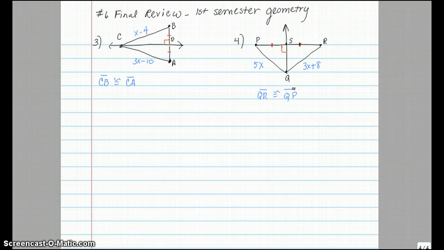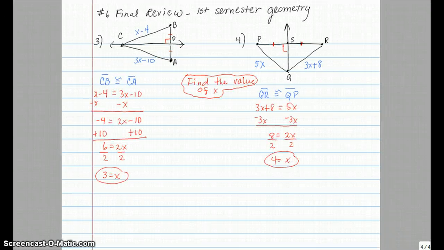And over here, you know that BD is congruent to DA. Therefore, this point C is going to be equidistant from this endpoint as it is from that endpoint. So CB is congruent to CA. Go ahead and solve these, then turn the recording back on to check your answers.